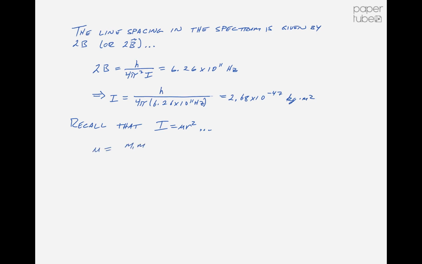So we'll now compute the reduced mass mu. Remember, that's equal to the product of the masses divided by the sum of the masses of the two atoms. And we'll use 1.01 AMU for the mass of hydrogen and 35 AMU for the mass of the chlorine-35 isotope.